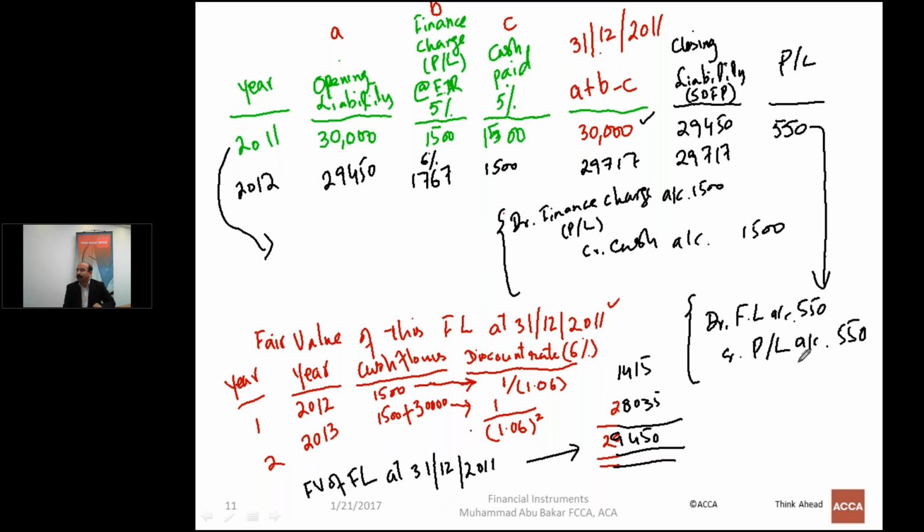Because it could be a gain or it could be a loss, because your fair value can be higher than your carrying amount of the financial liability immediately before this adjustment, or your fair value could be lower than the carrying amount of the liability. In both cases, the difference will be sent to the profit and loss account.